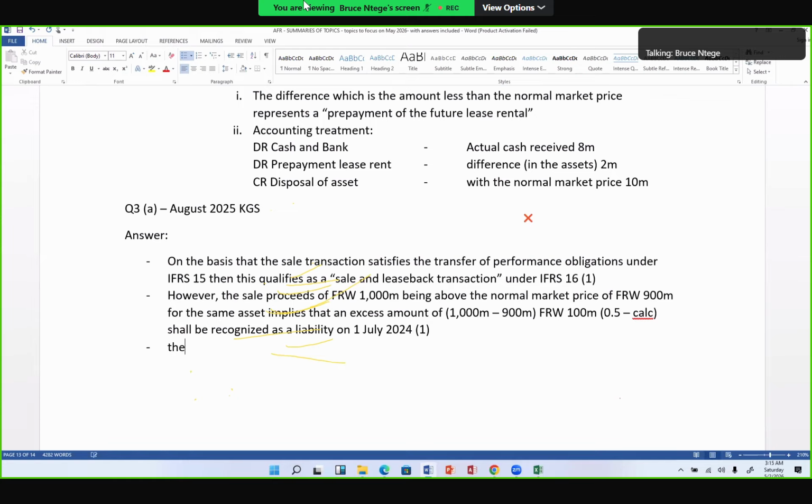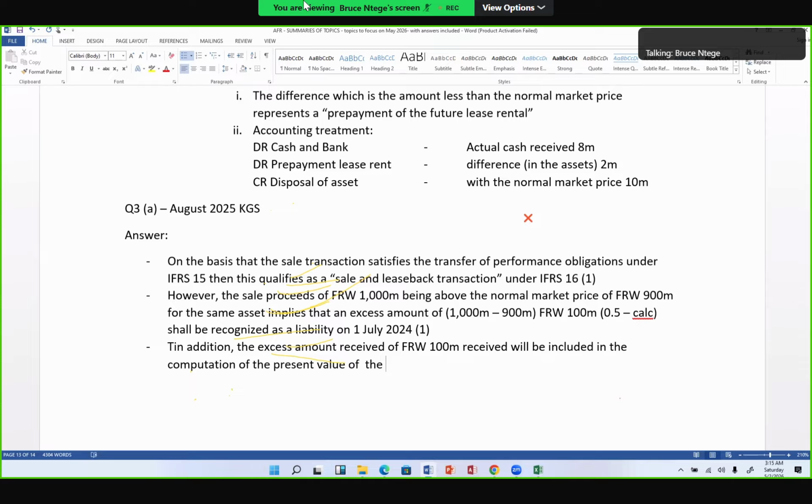So we shall say the excess amount of 100 million received will be included or used in the computation of the present value of the future payments, because it's a liability.